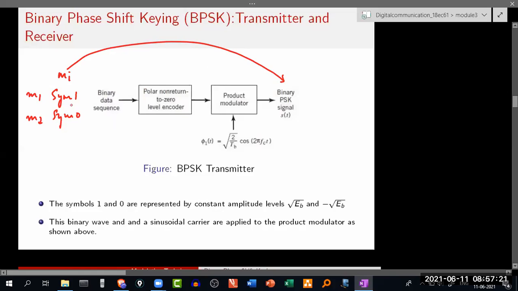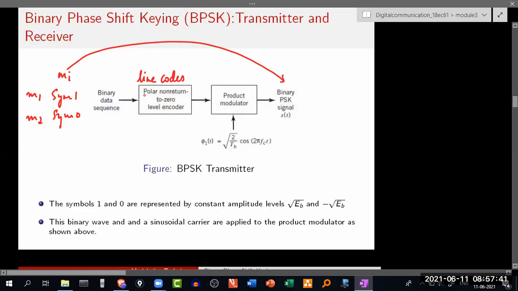Anyhow, I got to represent this digital data in terms of some line codes. And here we'll make use of a line code, that is polar non-return to zero level encoder.